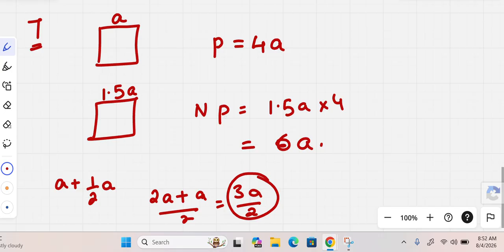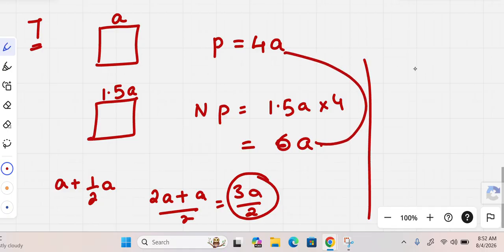You remember you had learnt in grade 8 percentage increase. How do you find percentage increase? The difference between new and old, 6A minus 4A, divided by original. Original is 4A. That is your formula to check the percentage increase.